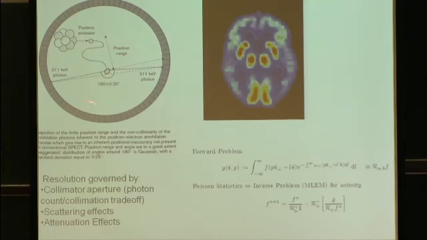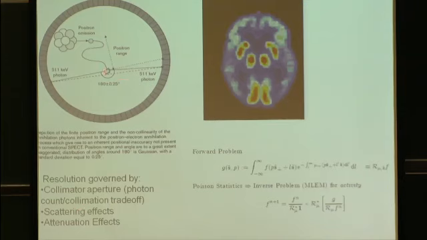But from our mathematical point of view, there are certain things that govern the resolution, principally the nature of the collimator that you use in the detector. If you very narrowly collimate, you can get better resolution, but you have many fewer photons. You're throwing away photons. If you widen that out, we get a better signal, but we get worse resolution. So there's a trade-off there.